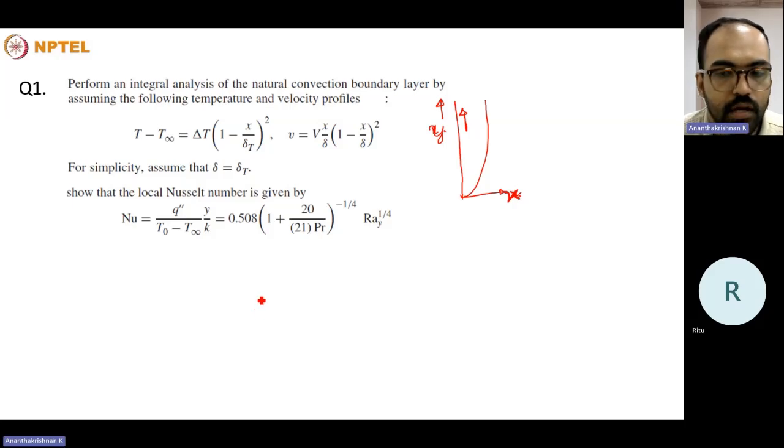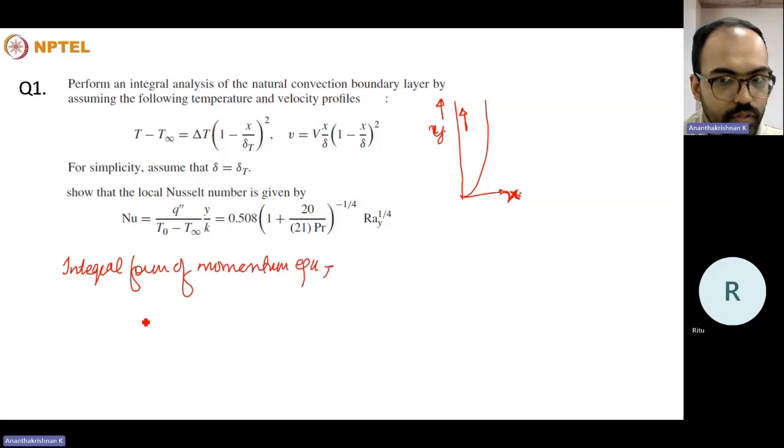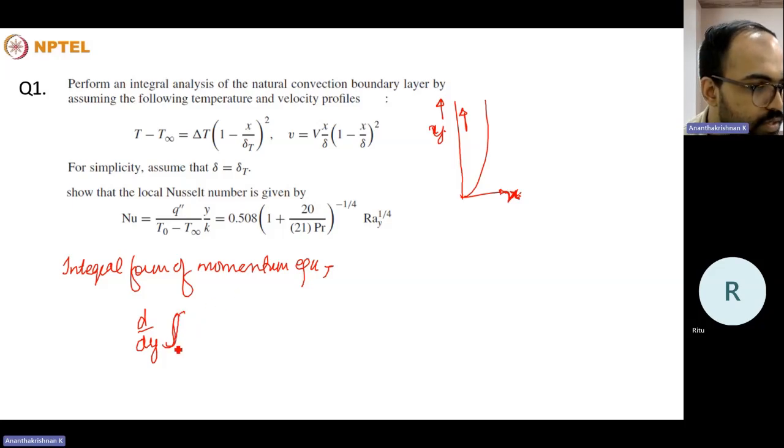So what we can do is directly take the integral form of the momentum equation. That will be d by dy. The form we are using is the equation that we obtained after doing the initial manipulations and reductions. So this is the final form of the integral momentum equation.